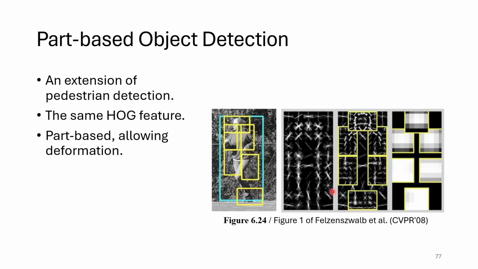Alright, so this is an important extension from pedestrian detection to generic image object classification. It means the deformable part model, or we can call it a part-based object model.